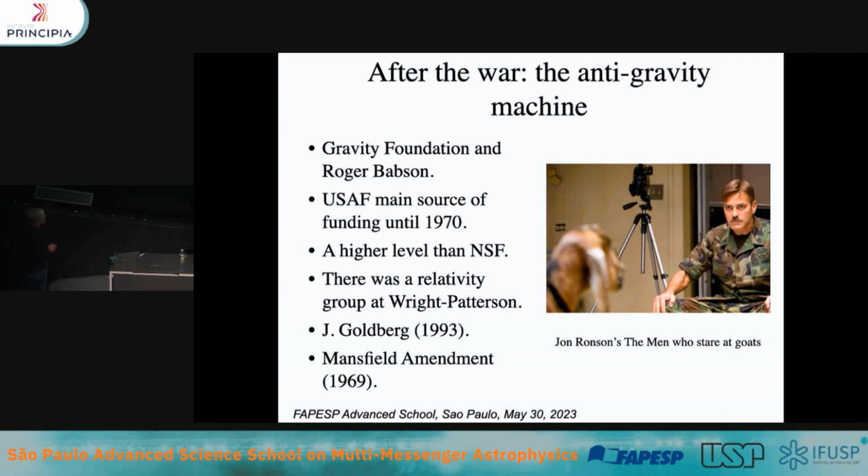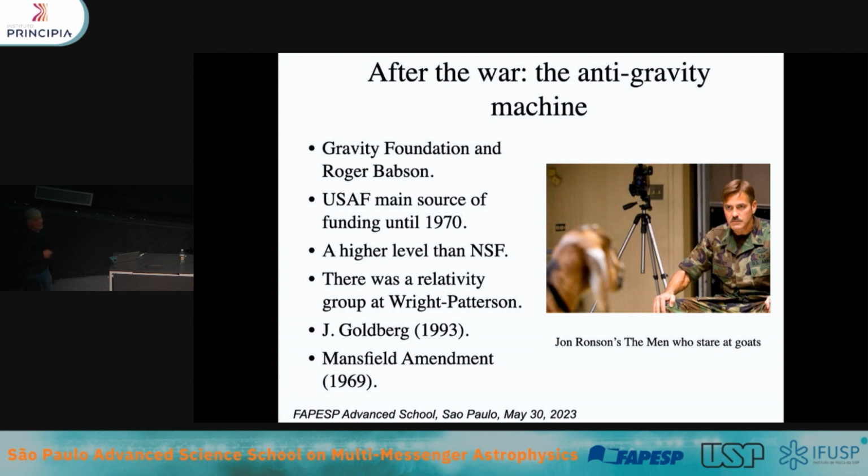They were funding gravity at a level higher than the National Science Foundation. What was interesting is that the physicists that they hired were doing the right things. They never tried to find anti-gravity. They did serious good research. Jeff Winicour was there. Joshua Goldberg, who eventually went to Syracuse, where Peter Bergmann was, who was a student of Einstein.